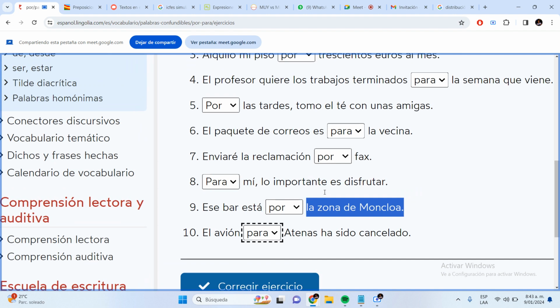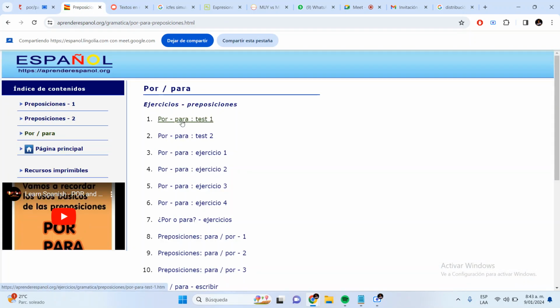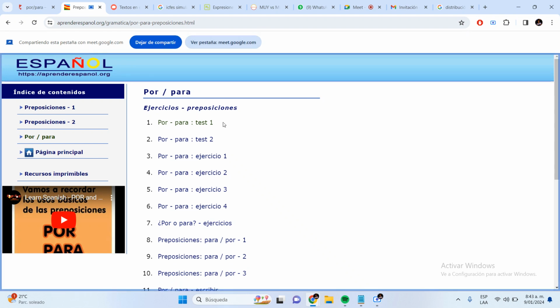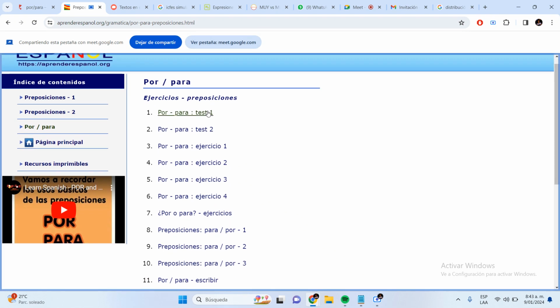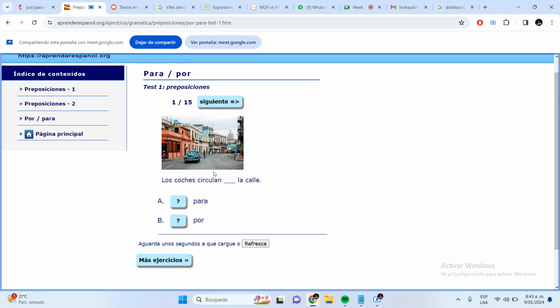So now let's do more exercises. I think I got most of those right. Yes, but let's do more exercises. Okay. It's bastante, no, just these ones, but they have like 12.